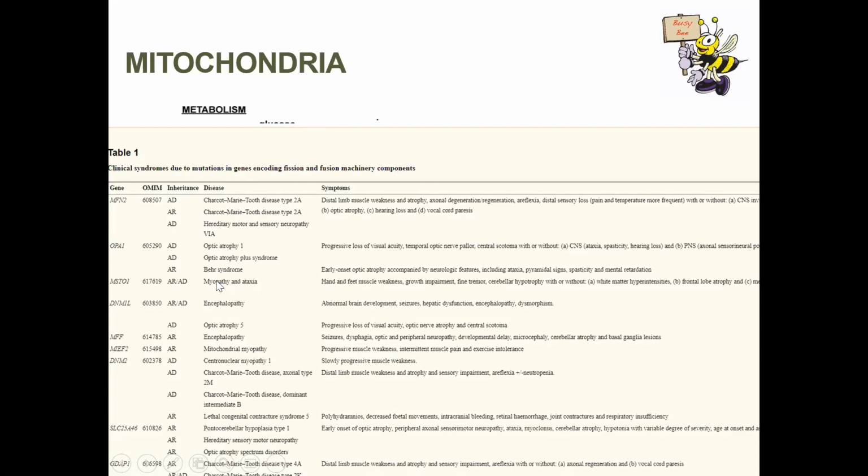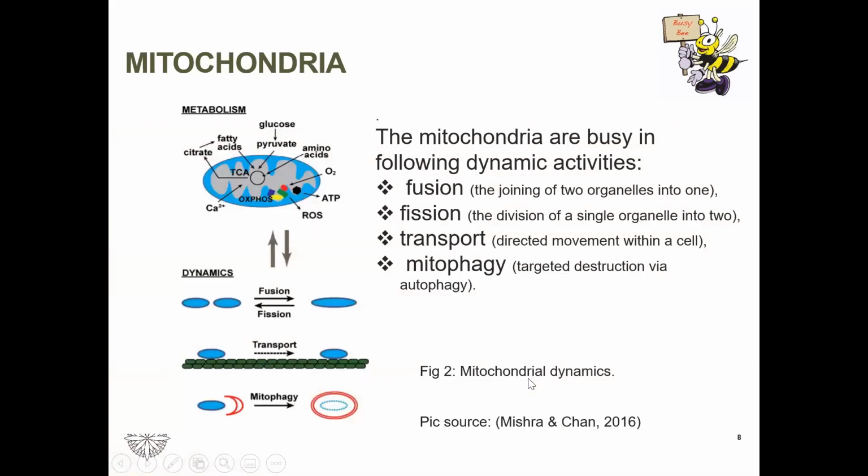So that's where our understanding is moving now, that most of the underlying reasons for any disease condition could be simply a mutation in these processes. That is, when mitochondria are inhibited from doing their dancing. That's where our new understanding is moving ahead.